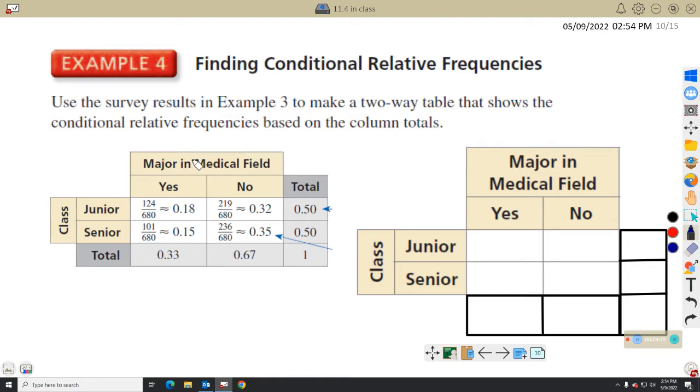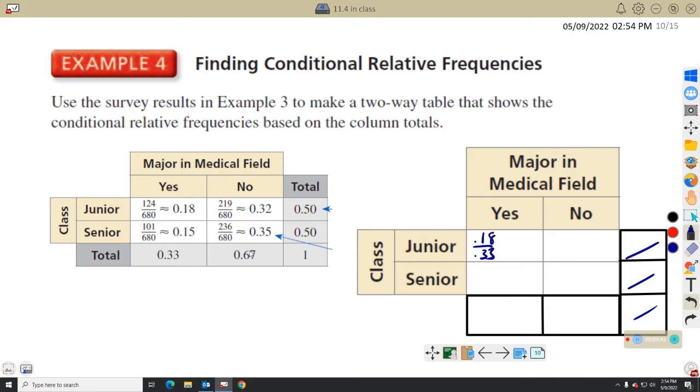So this says to make a two-way data table that shows the conditional relative frequencies based on column totals. All right. So I won't actually be needing these. I just need the column totals here. So let's see. This will be 0.18 divided by 0.33.